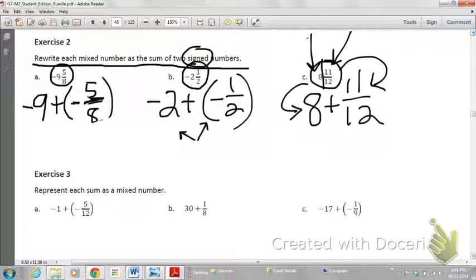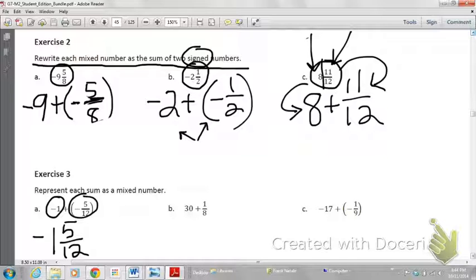Okay, we're back. So now we are putting these two pieces, these two signed numbers, back together to create a mixed number. I have a negative and a negative, so I know I'm going to have a negative. So that's going to be -1 and 5/12. Okay, it is -1 and 5/12.